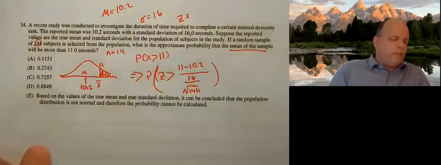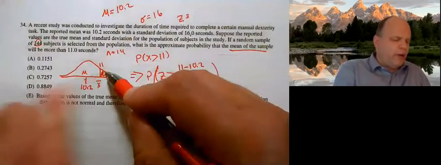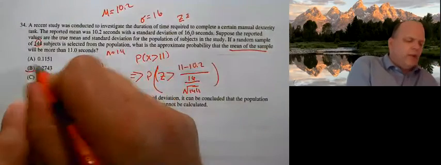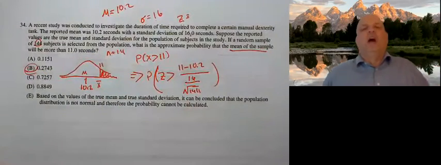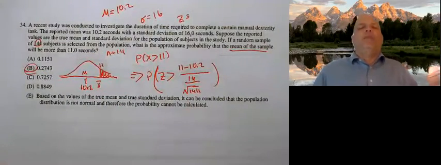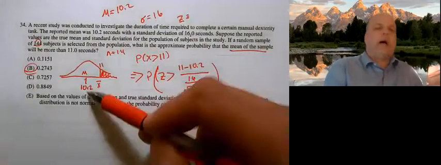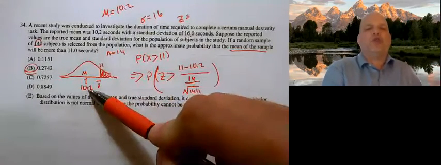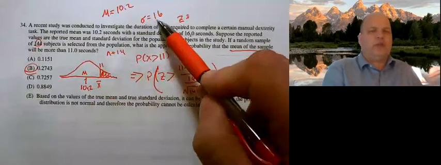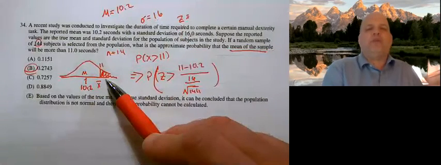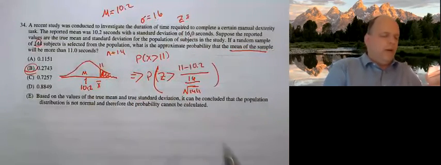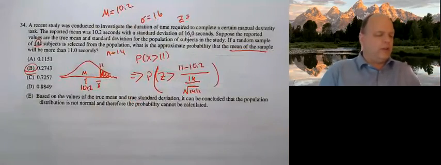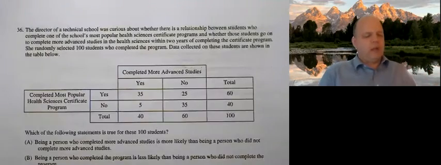So there's a 27% chance, or this area right here is 0.27. There's about a 27% chance I would get a sample of 11 or greater if the population average was really 10.2 and the standard deviation was 16. There's a 27% chance by random chance alone that I would get a statistic that looked like this.